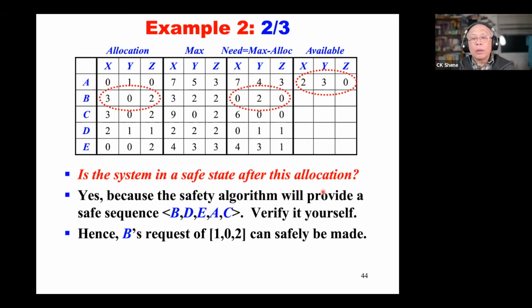So is the system safe? Yes. The system is safe because you could easily construct a safe sequence, B, D, E, A, C. Please verify it. Therefore, B's request can safely be made.